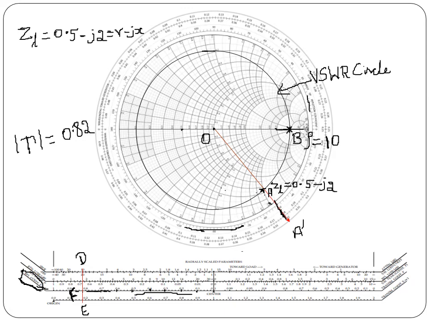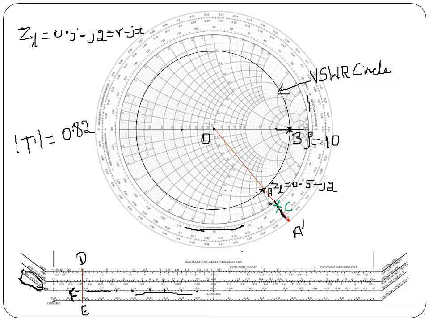The angle corresponding to C gives the phase angle of the reflection coefficient.